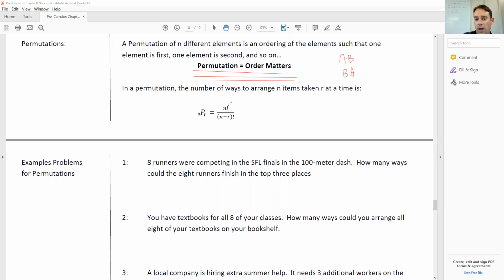It doesn't matter that they're still the same two things in the same group. It's that order matters. Now, if you notice, we have a little formula to determine how many different ways things are ordered, and that's called N permutate R, NPR. All right, NPR, and then we have this formula of N factorial over N minus R factorial. Now, N is how many items we get to choose from. This is the total number of items.